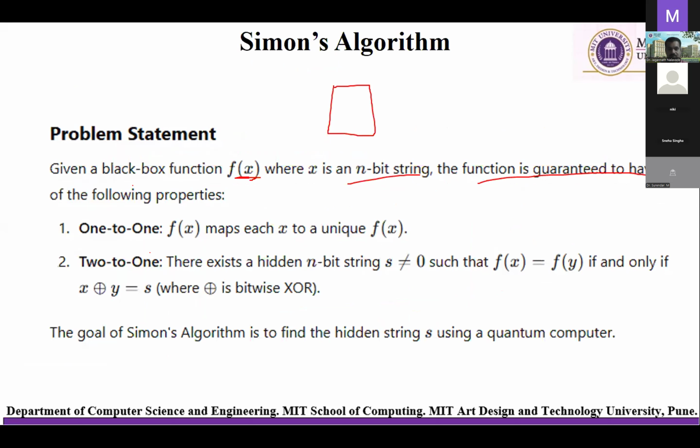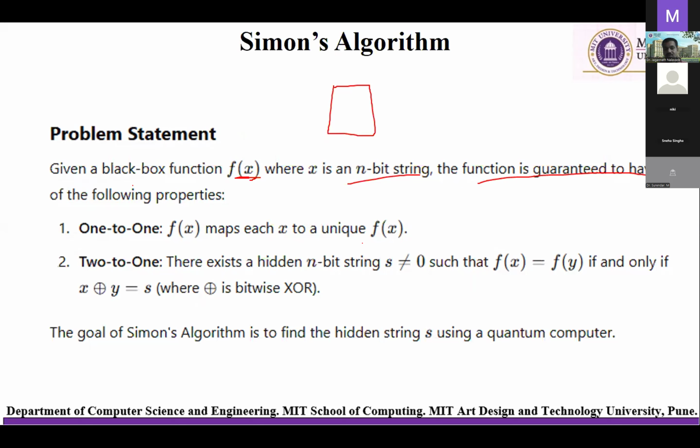2-to-1 property. And the 1-to-1 property means f of x maps each x to a unique f of x, so there will not be any common values. If it maps x, then this x will be unique for that particular f of x value. There will not be different x values with the same f of x value.